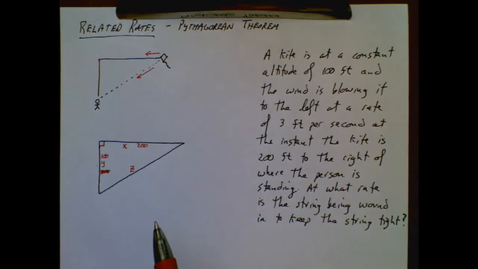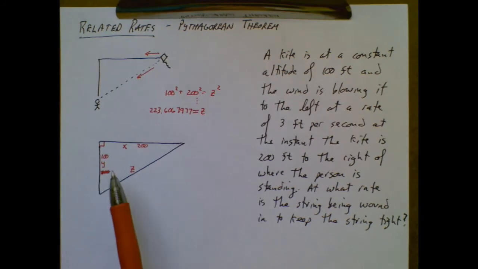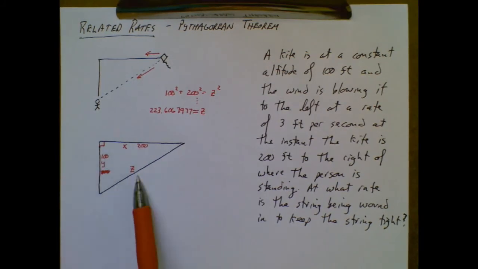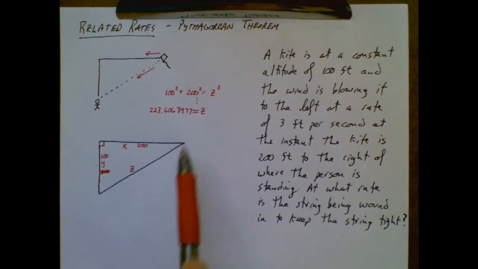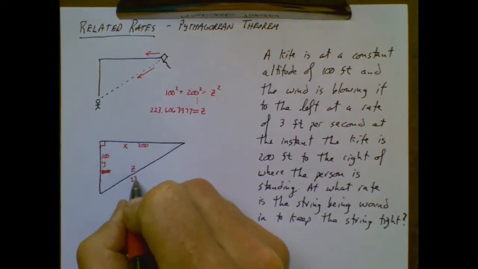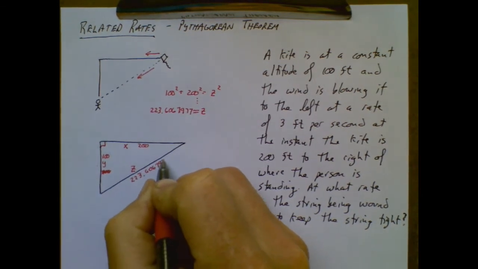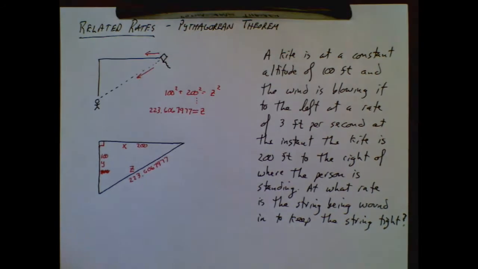Now they didn't give us the hypotenuse, but we can figure that out using the Pythagorean theorem. So I'm going to pause the video and write that out. Okay, so I worked that out on the side, but basically I said side squared plus side squared equals hypotenuse squared. And I found out what our z is, and you'll notice that I went to many decimals because, as you know, don't round early in a calculus problem because you have to be accurate to 3 decimals at the end.